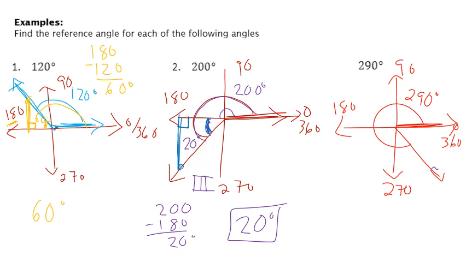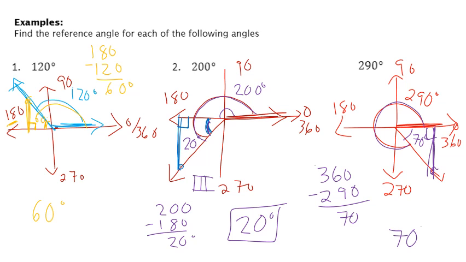If I make a right triangle with that, I can see that it's bigger than 270, obviously. I know it's not a complete circle, so I can subtract from 360. And this little piece here is going to be 70 degrees. So my reference angle would be 70 degrees.